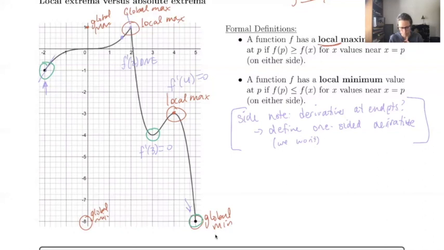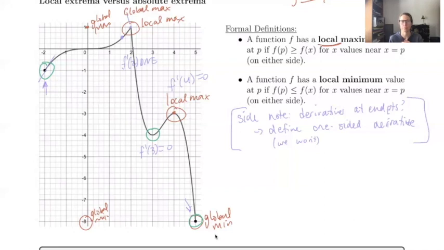So we can also treat endpoints separately, but think about all the places I have maxes and mins. They're either at endpoints or places where there's something that's true about the derivative. So let's take a step back. Here's my question for you. Can I have a maximum or minimum value when the derivative is positive at that point?